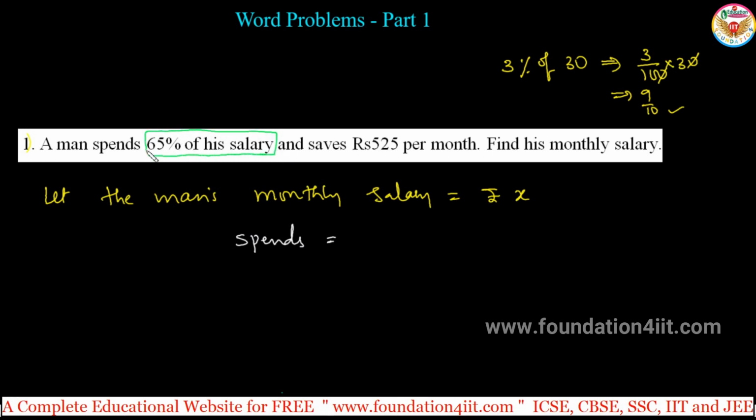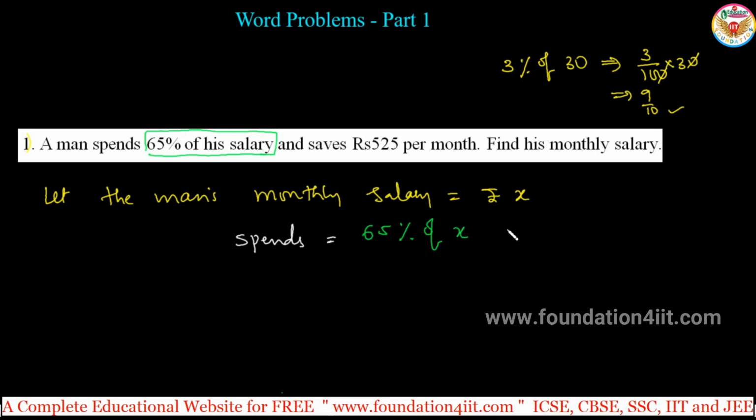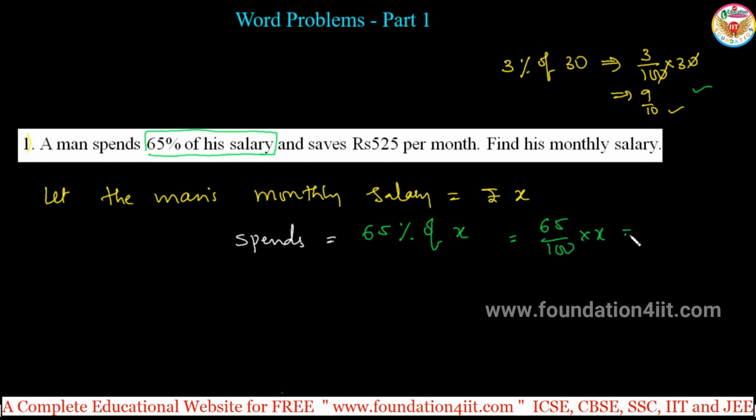So 65% of x, because monthly salary is x. 65% of x, that is what he spent. Now if we simplify, 65% is 65 by 100 into x. Next, he saves.